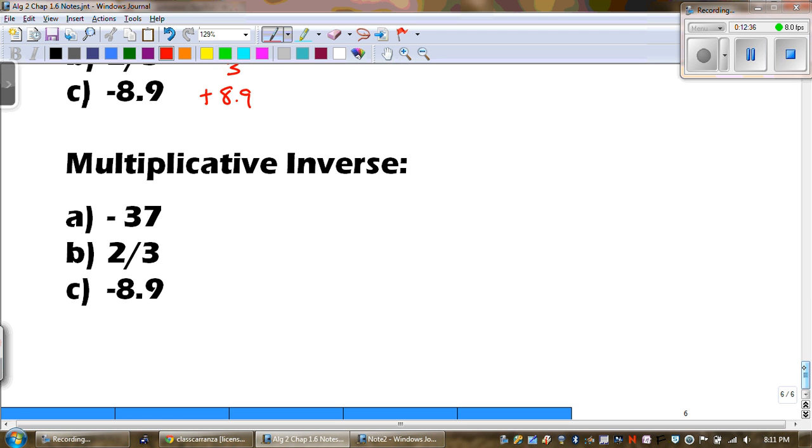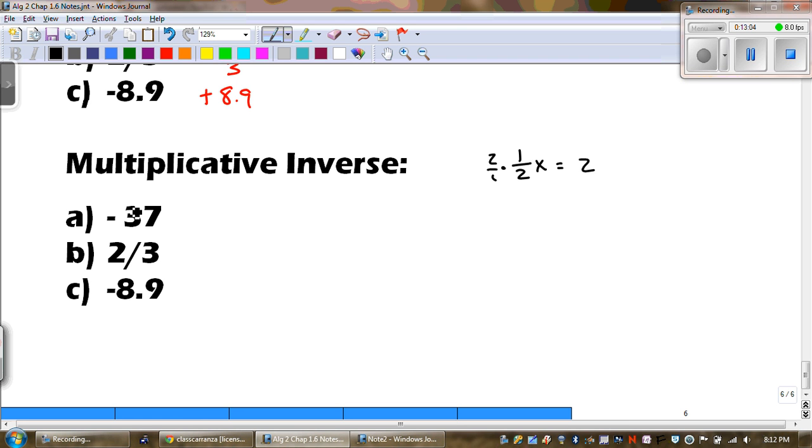And the multiplicative inverse. Whenever we multiply something and we want to get it by itself, say we have 1/2 x equals 2, we want to multiply so that those cancel out and give us 1. Because 2 times 1/2 is 1, and 2 divided by 2 is 1.